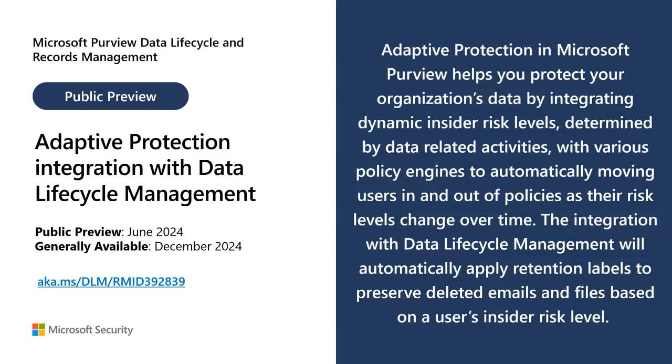Insider risk management's job is to identify risky users in your organization so that you can basically flag them. They have a feature called adaptive protection. What adaptive protection allows you to do is monitor risky users and then assign them risk levels. This could be an elevated risk level or a moderate risk level. That is what adaptive protection does.